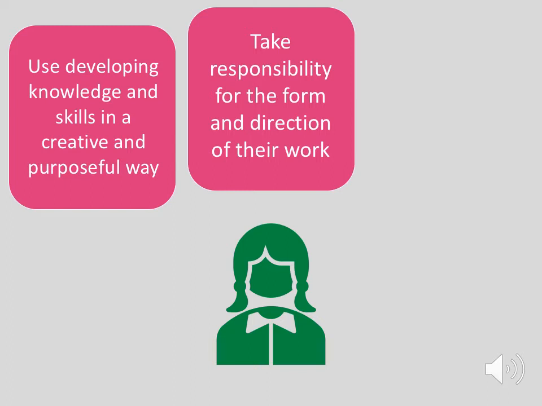And occasionally, and probably more often than not, those decisions will result in them actually working with others or asking other people for advice and feedback. So it's not about working alone, but it's about them taking responsibility for themselves for their work.